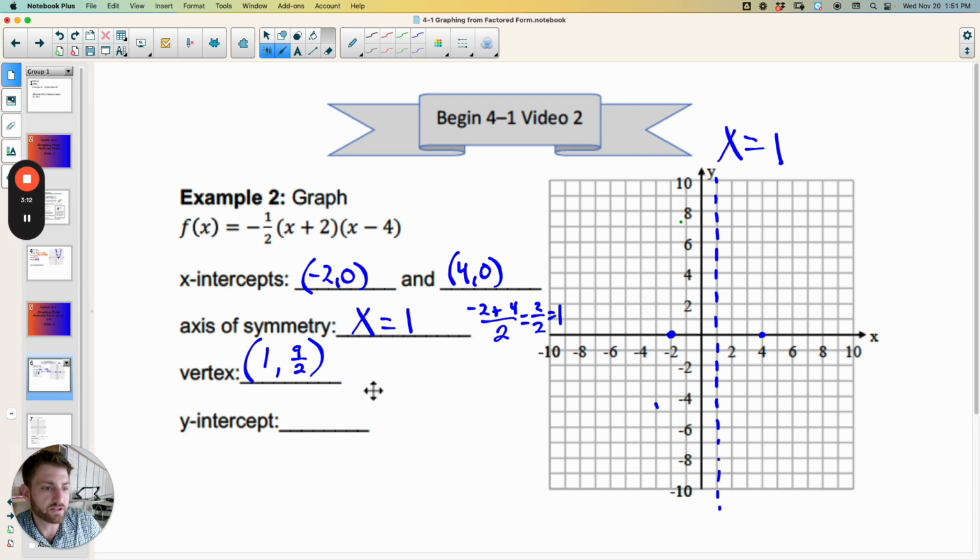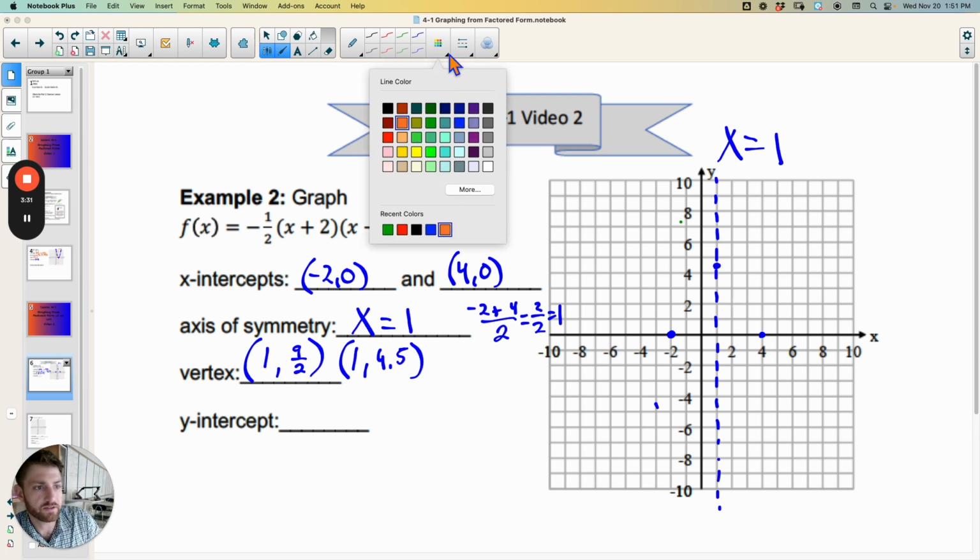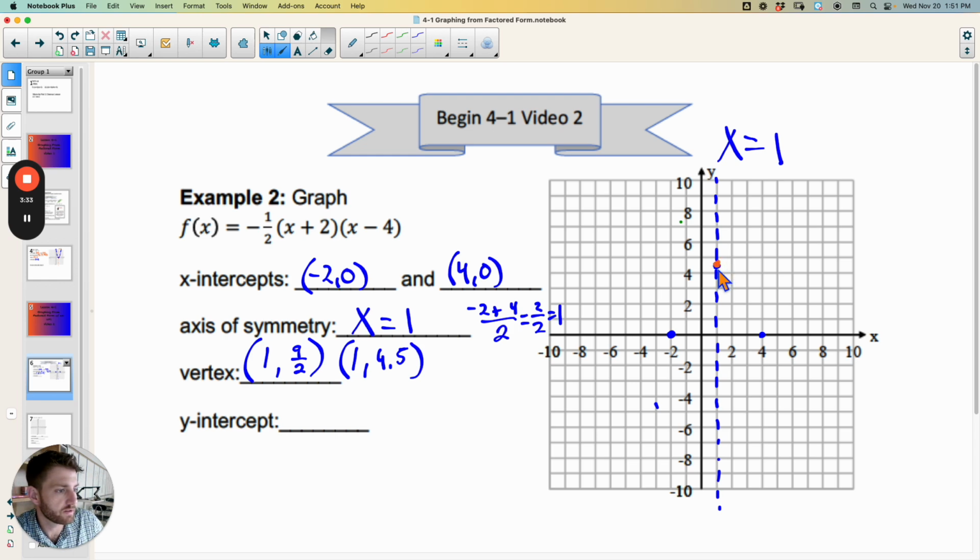It's easier to plot that when it's a decimal. So this is 1, 4.5. You'll see here in a second whenever I plot this. So this is 1, 1, 2, 3, 4.5. So that's about right there. I'm going to change the color of this so it's easier to see. So here's my vertex.